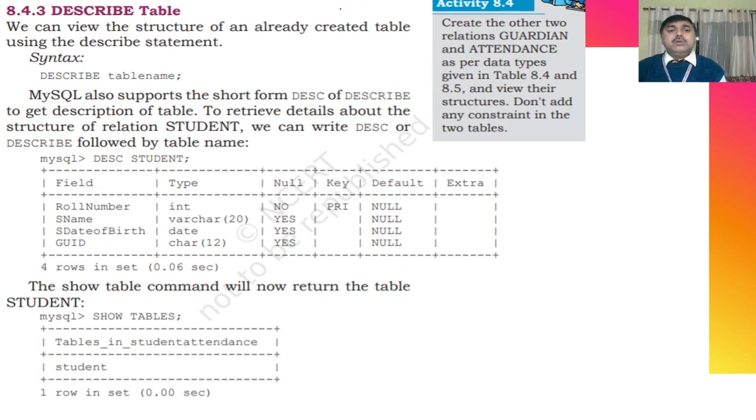Okay, so the total structure will be in front of us. See here, the total structure is in front of us: field, data type, null, which is primary key, what is the default, everything is there.